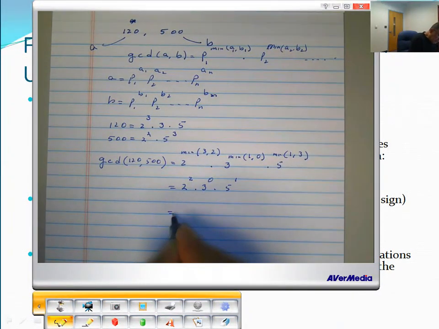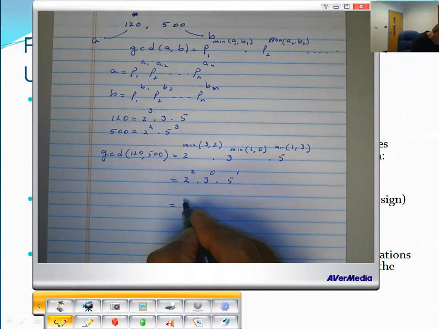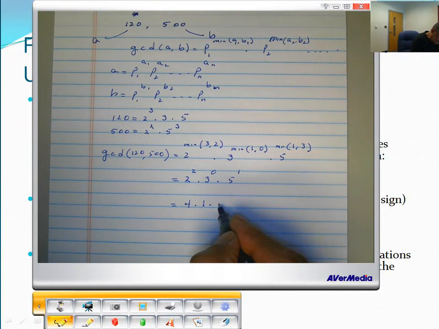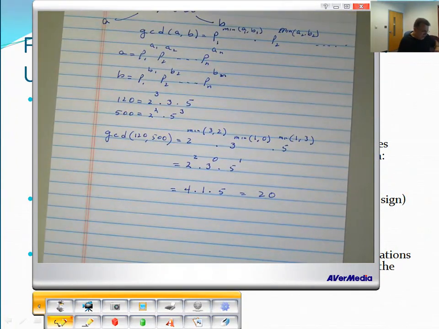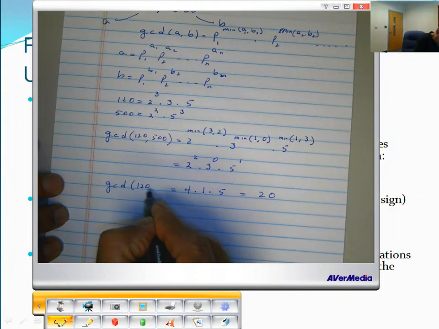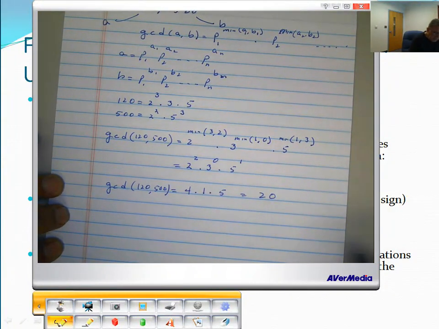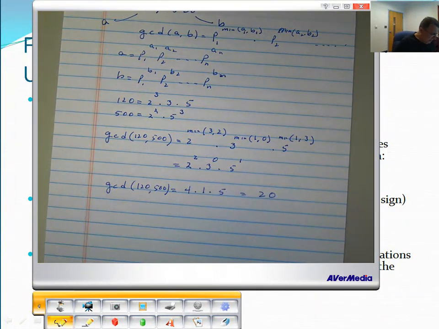So this becomes equal to 4 times 3 to the power of 0 is 1 times 5, and it is 20. So the greatest common divisor of 120 and 500 is 20. That is what the problem is explaining here.